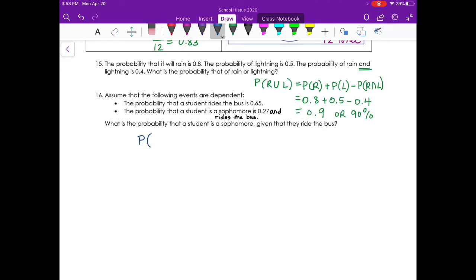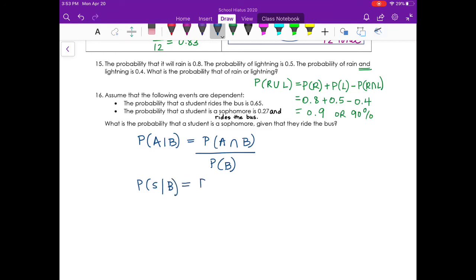So that's probability of A given B equals the probability of A intersect B over the probability of B. So in this case, we'll let event A be a sophomore, and we'll let event B be riding the bus.